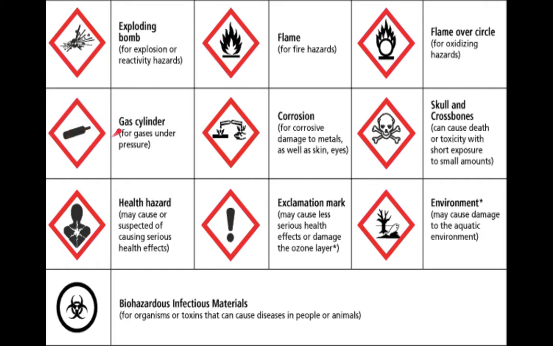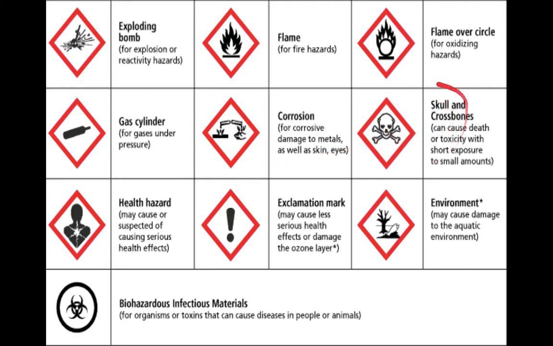Gas cylinders can explode. They're for gases under pressure, and we have to be careful when opening such things as well, right? Corrosive, whether it is a high pH or a low pH, acidic or basic. Things can be corrosive.